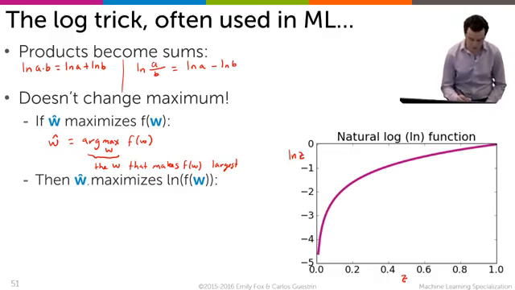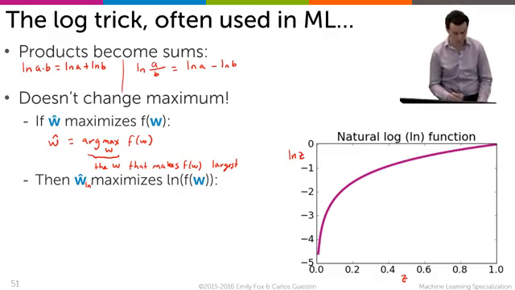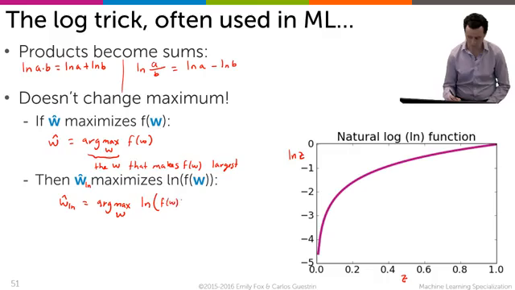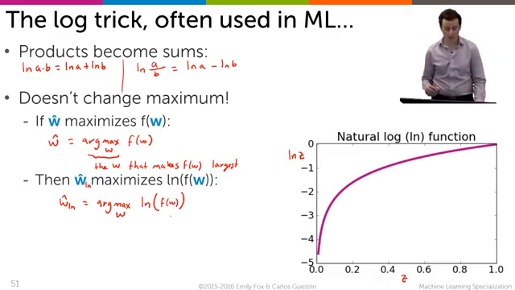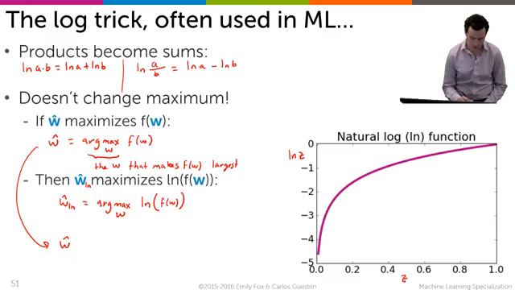And if we were to take the log of that function, let's call w hat ln the thing that maximizes the log of f of w. So w hat ln is the arg max over w of the log of f of w. Because log is what's called a positive monotonic function, this transformation doesn't change the optimum. So w hat is going to be equal to w hat ln.